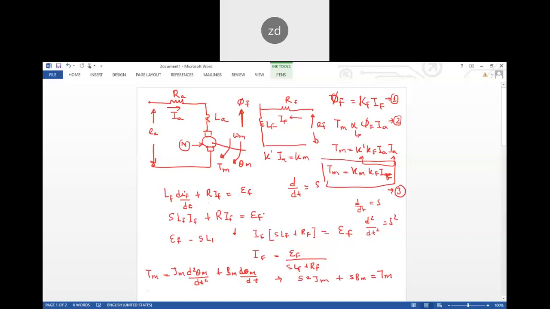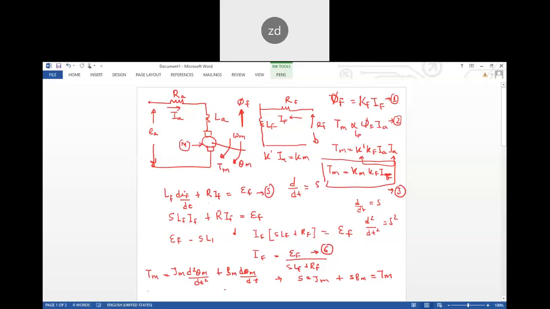And from the Laplace domain, the final equation which we got here, let this be 5. And then rearranging, we got the value of if, which is 6. So we can equate these equations. Tm is equal to Km Kf into if.